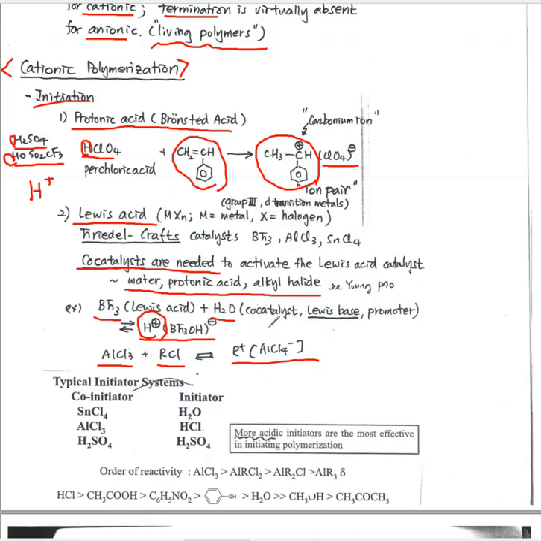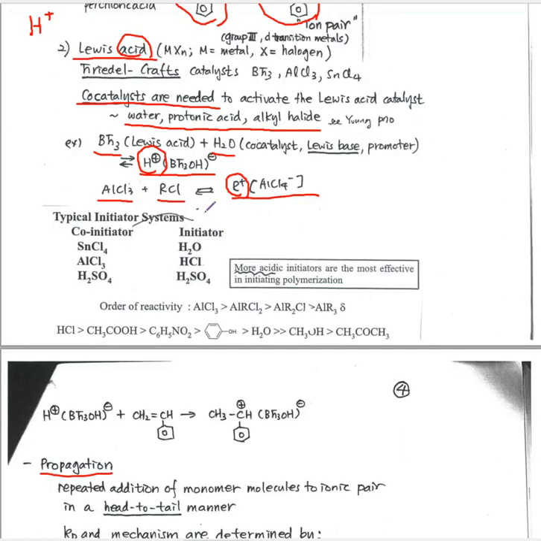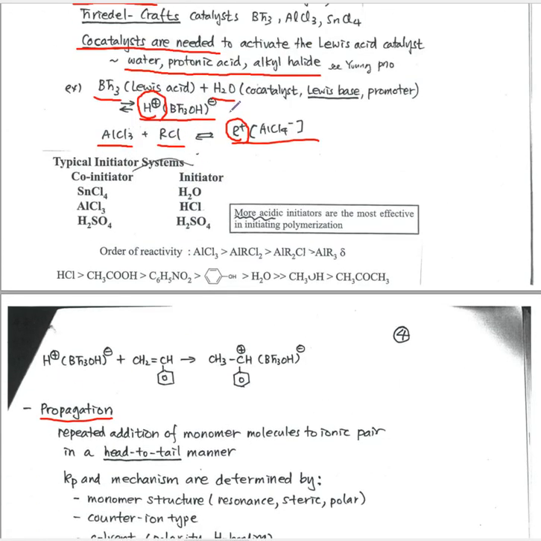And if this compound reacts with monomer, this positive ion is attached to the monomer. So anyhow, overall, we are basically using acid, protonic or Lewis acid, as initiator for cationic polymerization. As I mentioned, this compound can react with monomer, forming this kind of structure. I already mentioned it, right?